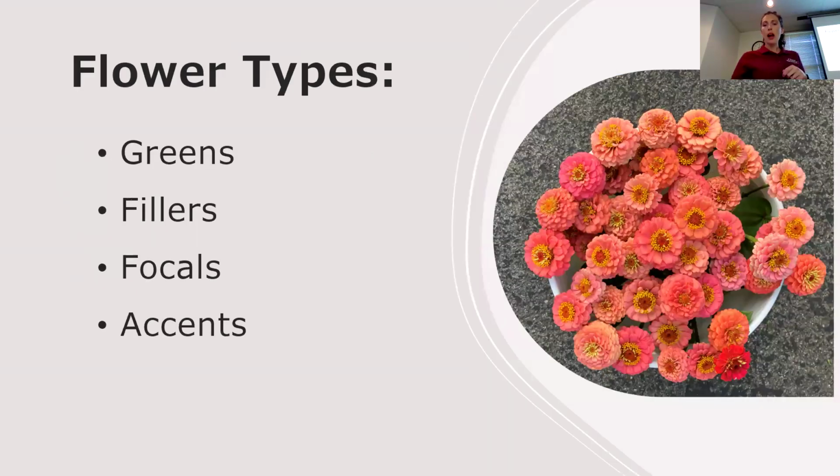So your flower types are greens, which are a good starting point for all arrangements. The greenery helps make your bouquet feel more natural, and people sometimes stress out about the greens. I personally don't care. A lot of times I make bouquets without any greens. This one doesn't even have any greens in it at all.